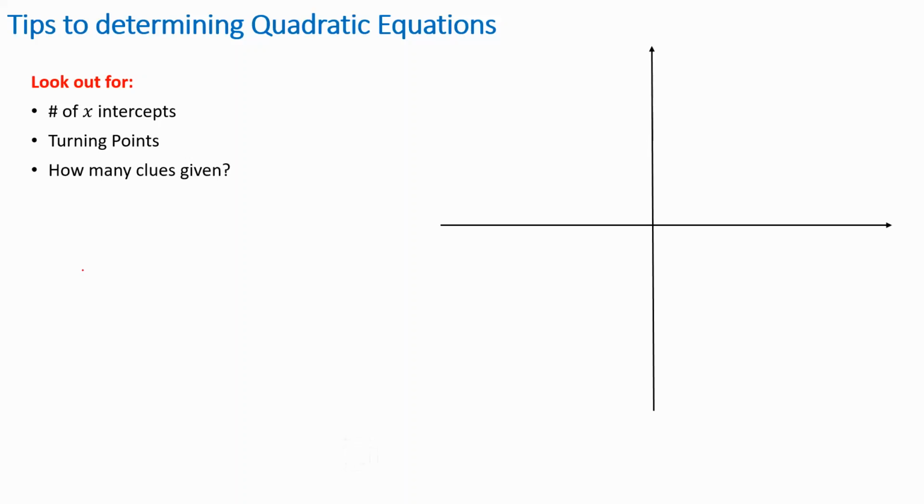I'll give you one. This is the first type. We call it the general equation. You've got ax squared plus bx plus c. That's the first type. Then your second type is your turning point form. So you've got a bracket x plus h squared plus k or something like that.